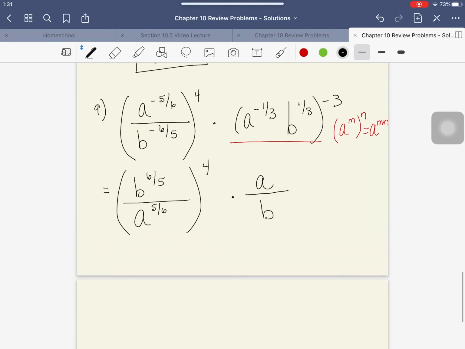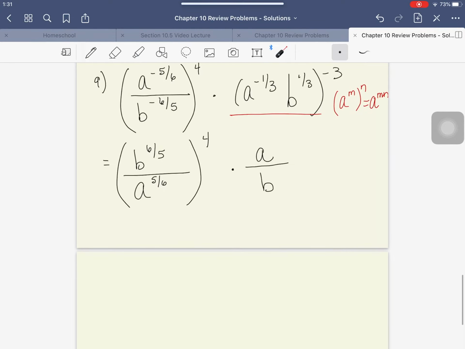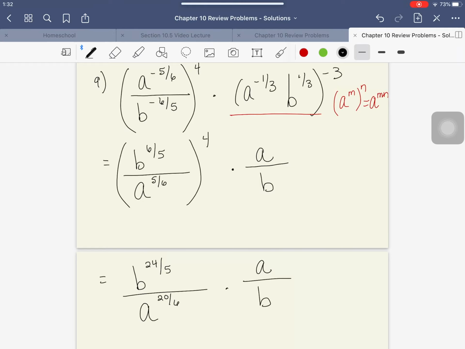All right, so now I have here a power raised to a power. Again, we're going to multiply. So that'll be b to the 24/5 over a to the 20 over 6. All right, and I'm multiplying this by a over b.